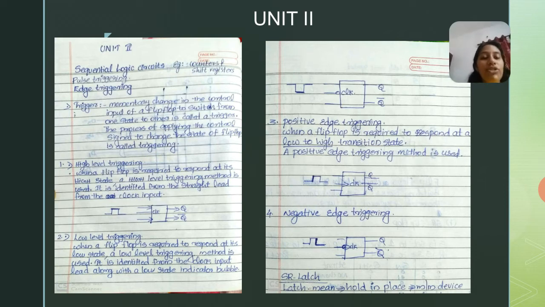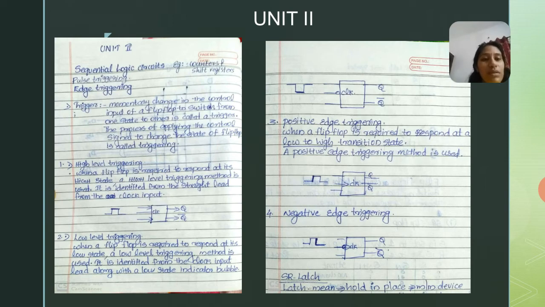Moving on to edge triggering, there are two types: positive and negative edge triggering. Positive edge means the edge going from the low level to the high level. In that image it is dark, shaded.